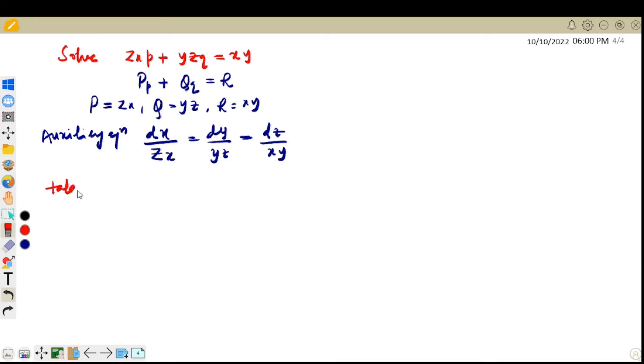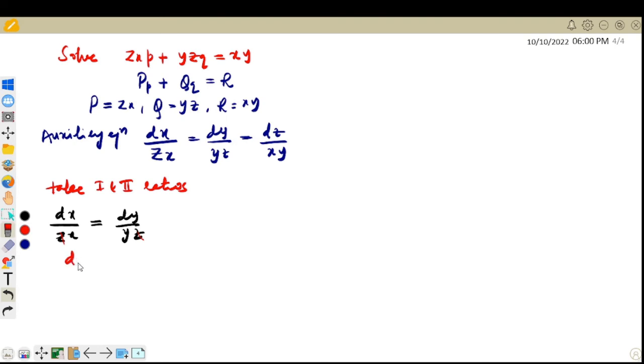Take the first and second ratio. That is dx by zx is equal to dy by yz. Both sides, z and z get cancelled.